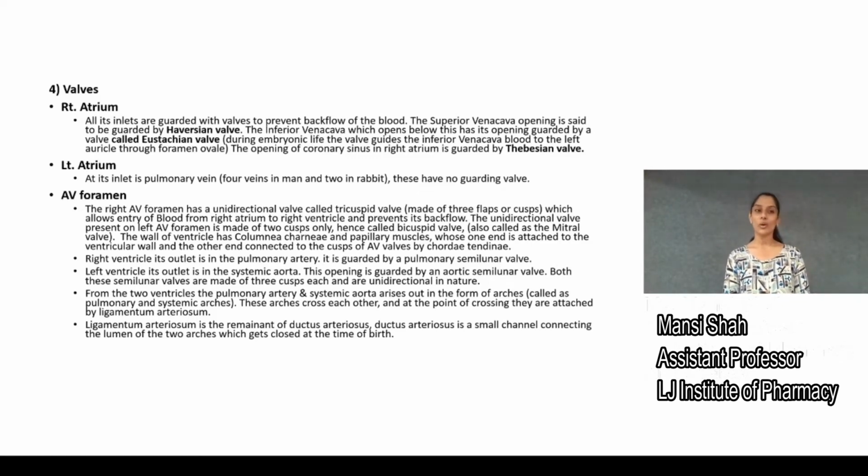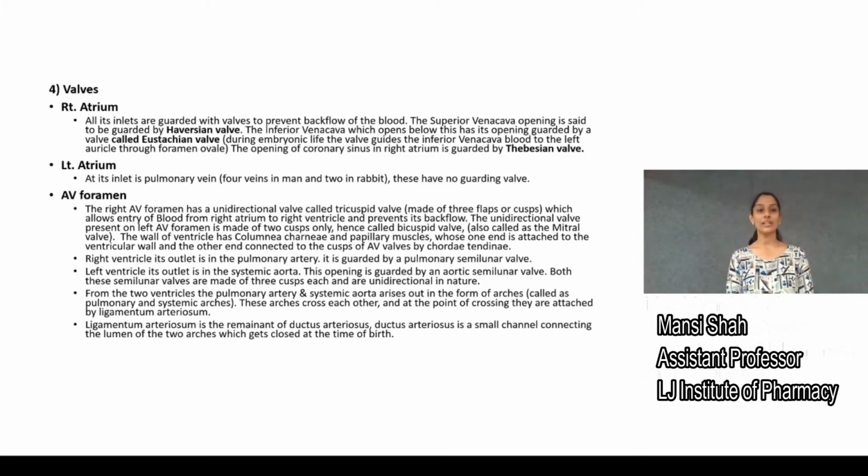Then left atrium. So, as its inlet is pulmonary vein, that is 4 veins in man and 2 in rabbit, there is no guarding valve. Then AV foramen. The right AV foramen has a unidirectional valve called tricuspid valve, which is made up of 3 flaps, which allows entry of blood from right atrium to right ventricle and prevents its backflow.